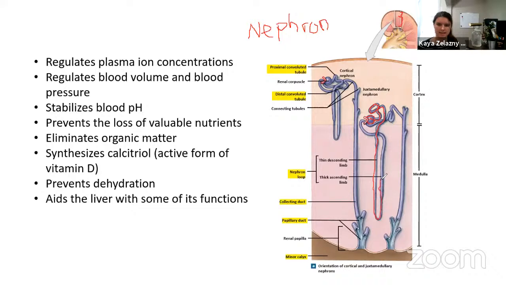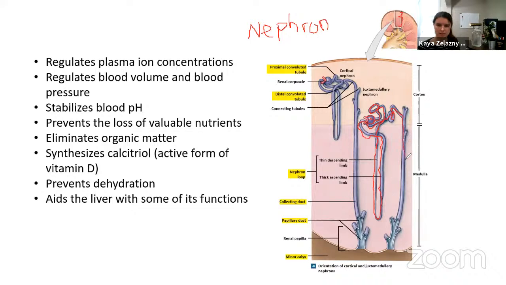We have an ascending limb going up, and we can see that the ascending part has both a thick and a thin part. Then we enter our distal convoluted tubule. So distal means it's farther away, so our filtrate is moving through it later on. And then we are going to go into our collecting duct.